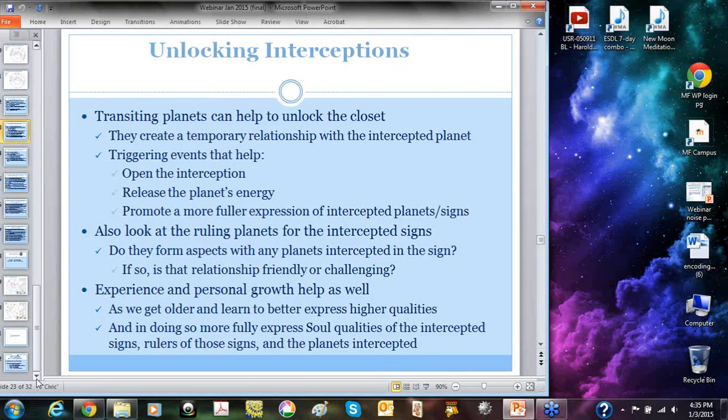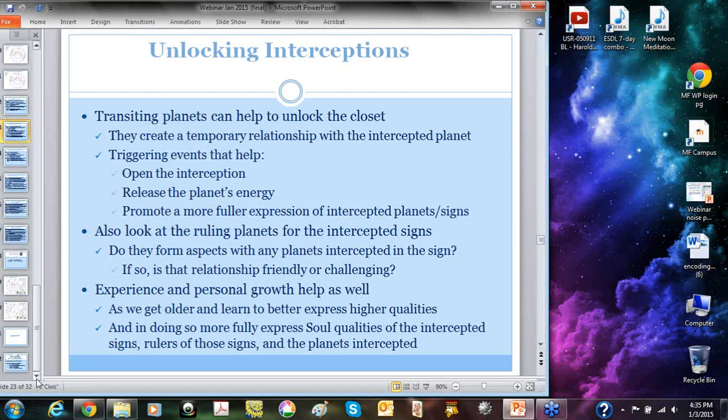So if it, for example, is either opposite the planet that is intercepted, or if it's conjuncting the planet that is intercepting, it can open up that interception and release the energy of that planet to allow fuller expression of that particular planet, and then, of course, the sign.